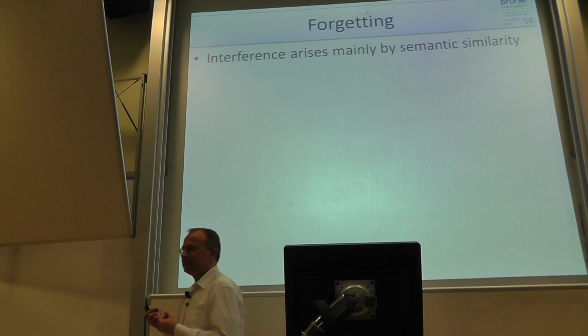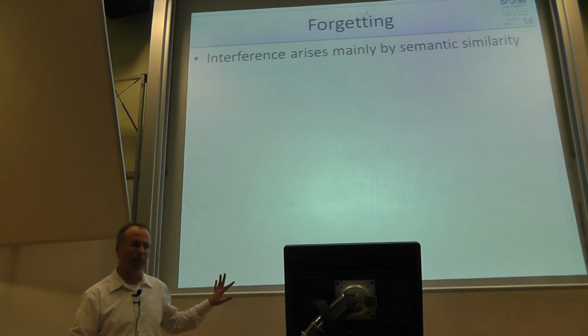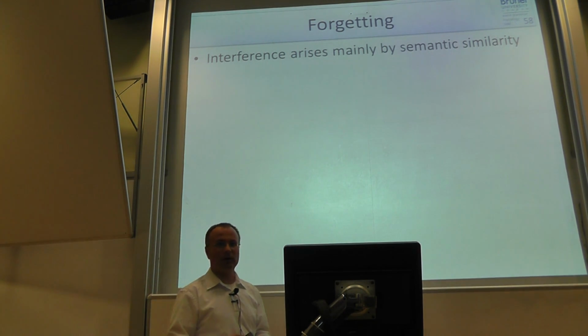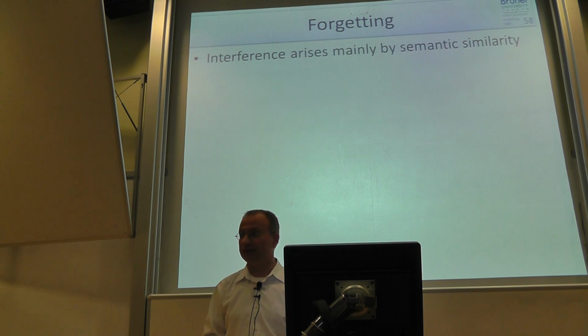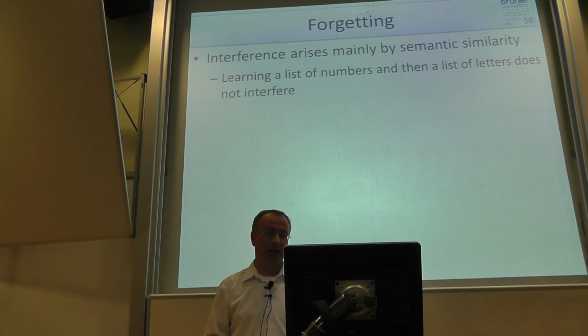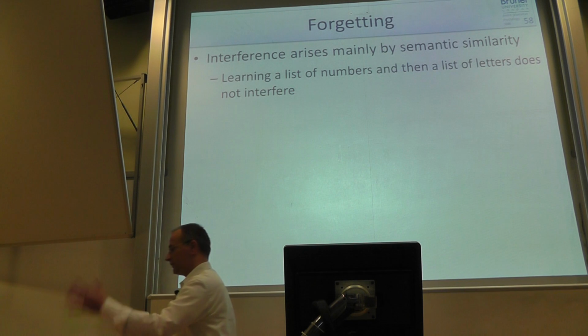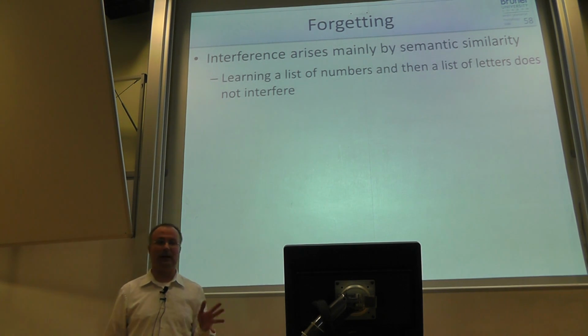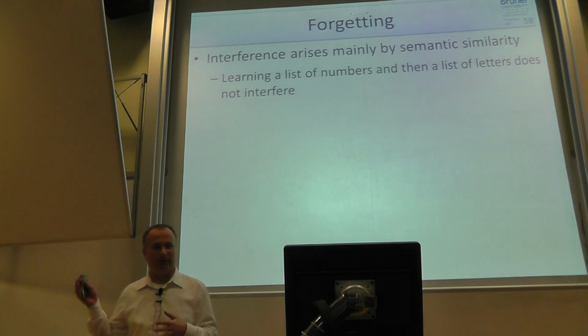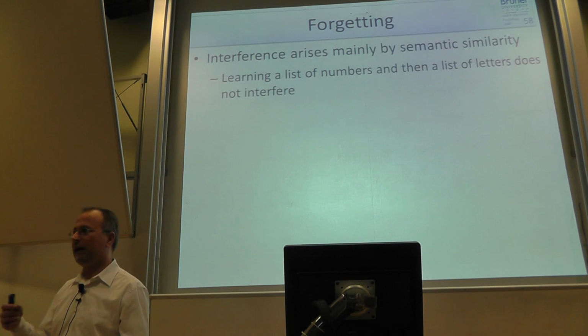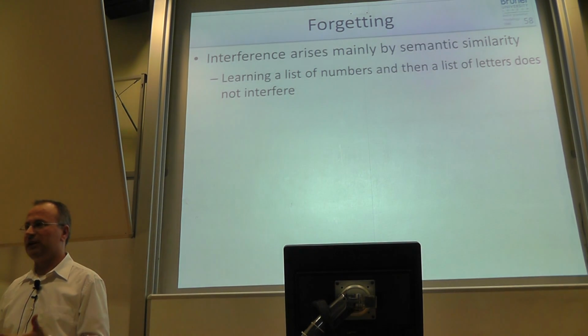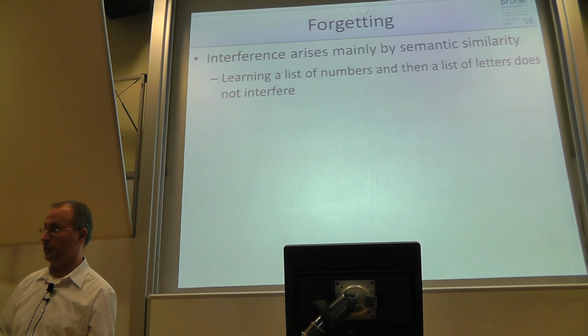Okay, this type of interference we just spoke about is mainly based on semantic similarity. So typically, if you first have to learn a list of numbers and then a list of letters, you are not worse in the letters because you learned numbers first.